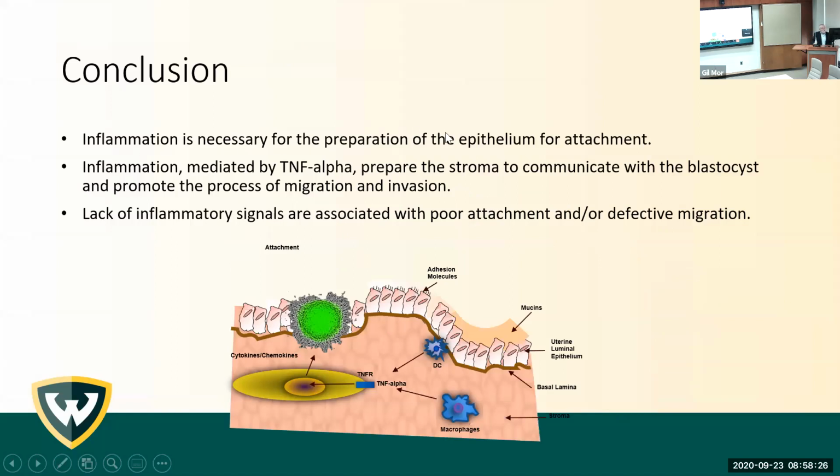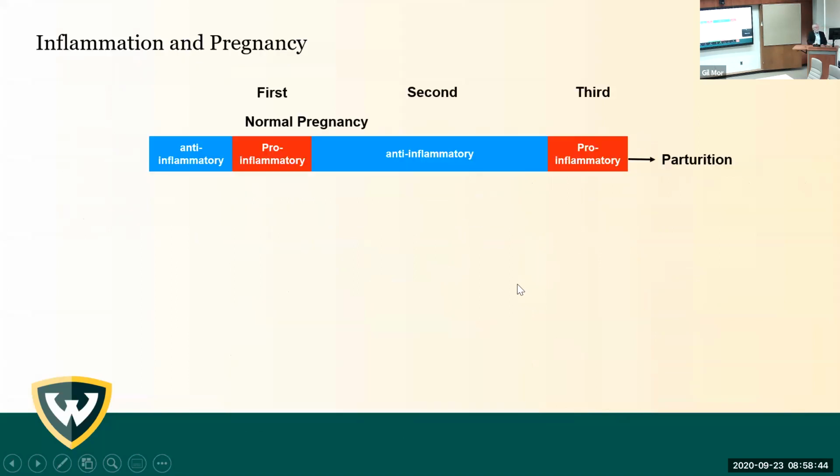So inflammation is necessary for the preparation of the epithelium for attachment. Inflammation mediated by TNF-alpha prepares the stroma to communicate with the blastocyst and promote the process of migration and invasion. Lack of inflammatory signals is associated with poor attachment and defective migration.